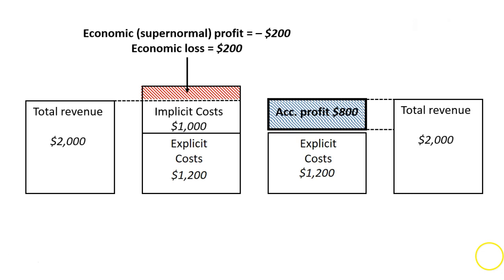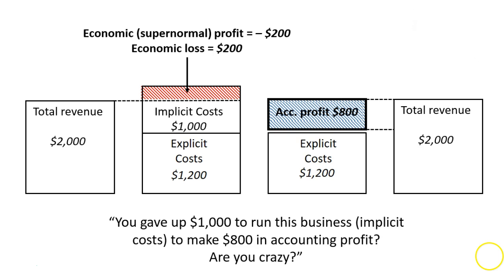Now this is a case where we can say that the difference between accounting profit and economic profit matters. And it matters because of the decision that the entrepreneur now has to make. The economist is going to say, okay, you gave up $1,000, that is, these are your implicit costs.